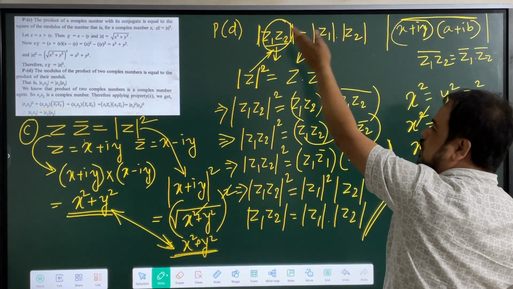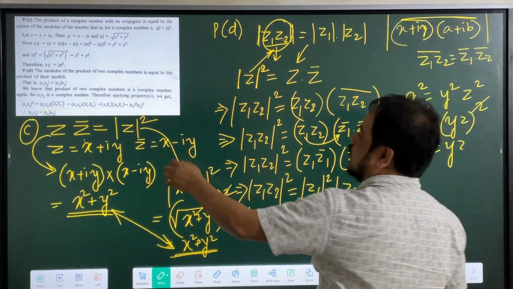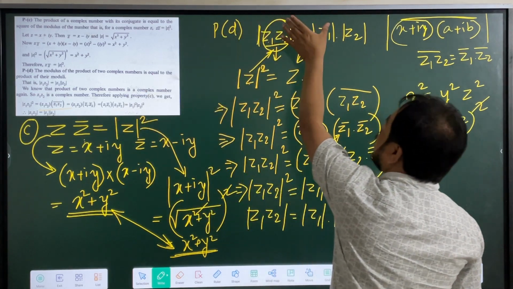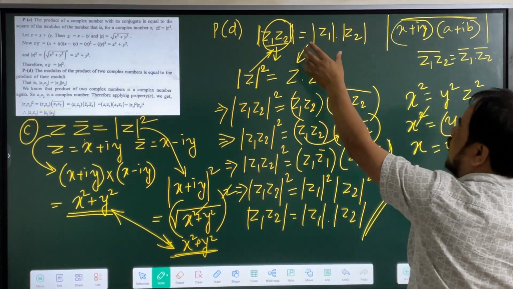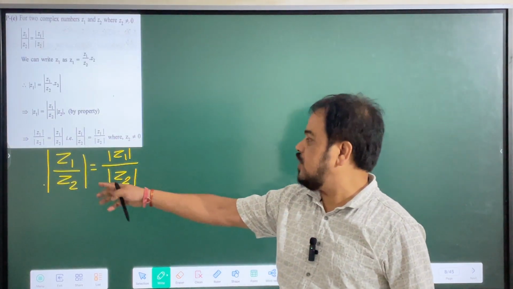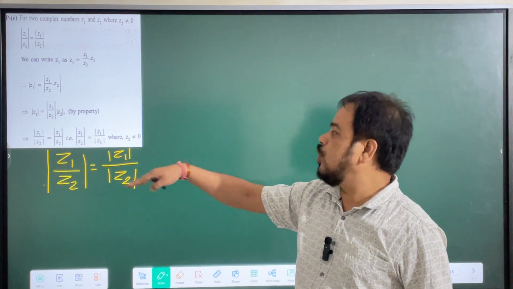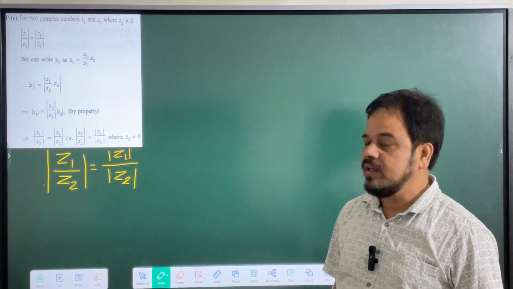Together, separately. This way you have to learn. There is nothing new. This is not hard. This one you have to remember. Just memorize the picture. Catch the picture. What is written? Here also catch the picture. It is easy. Don't worry about the proof, because this will be used in different sums.